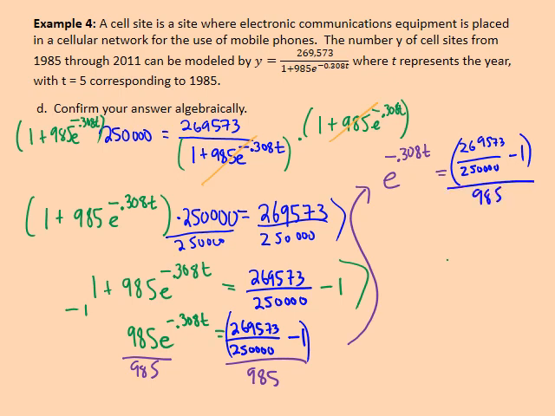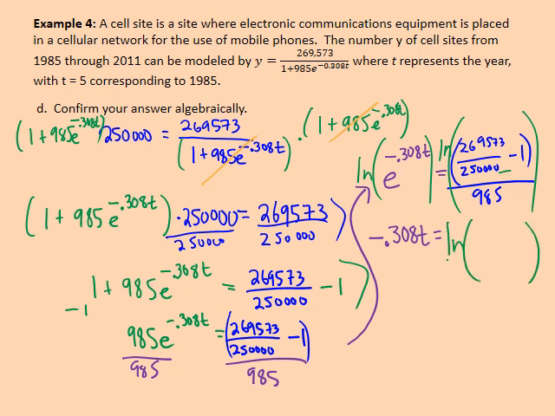Now we're going to take the natural log of both sides. When we take the natural log of both sides, we have the natural log of this very big number, and then we have the natural log of e to the negative 308 thousandths times t. That just undoes itself, so we have negative 0.308t equals the natural log of this giant number, which I'm not going to actually rewrite.